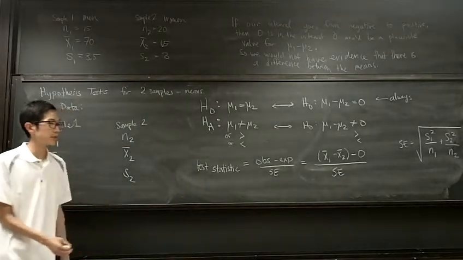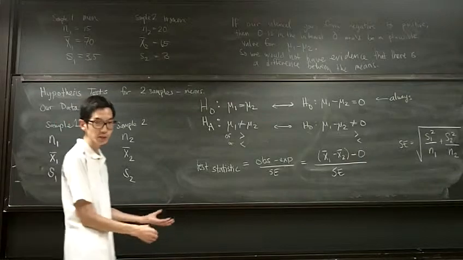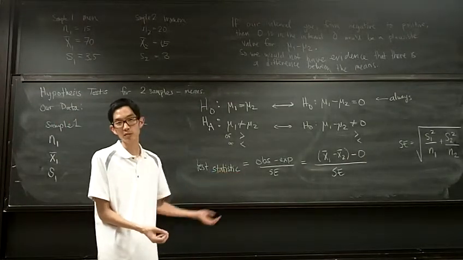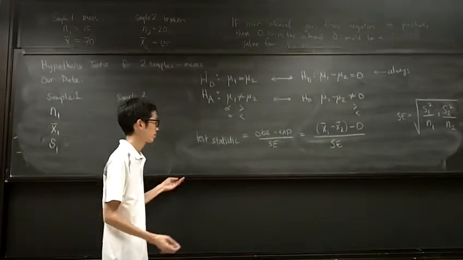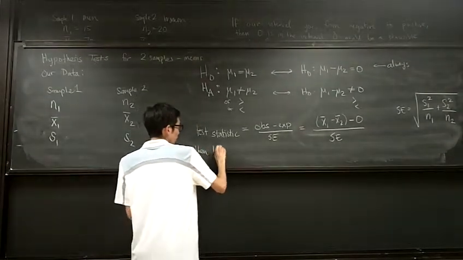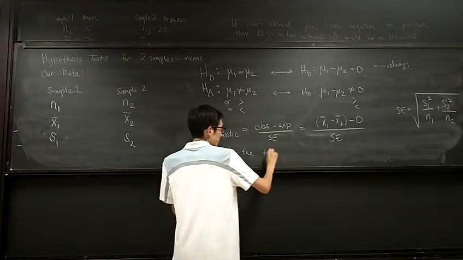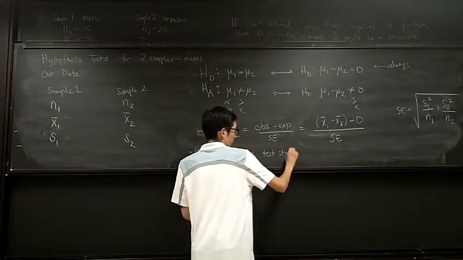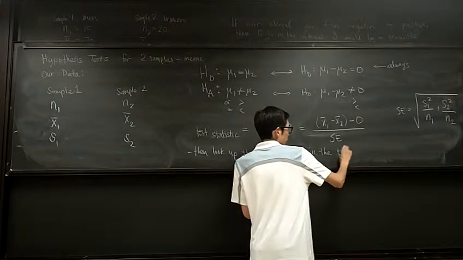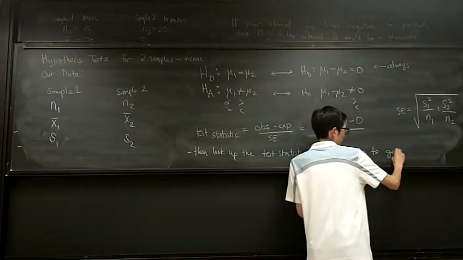And then what do we do after this? Once we find our test statistic, we look it up in the t-table to get our p-value. Okay? Then look up the t-table. Look up the test statistic, and the t-table to get a p.